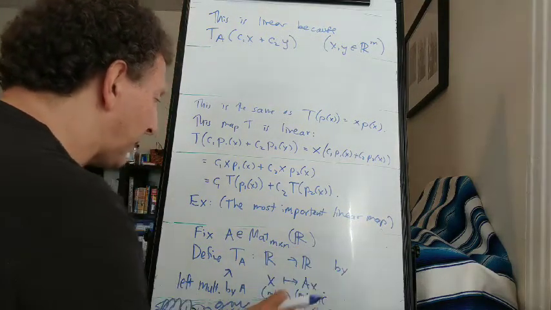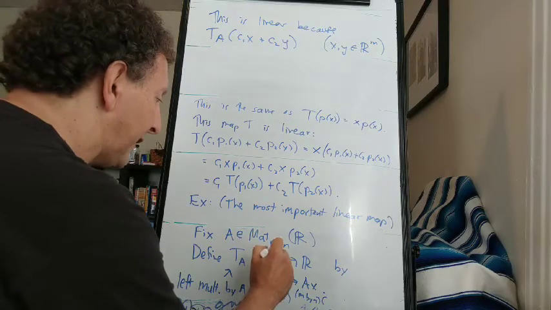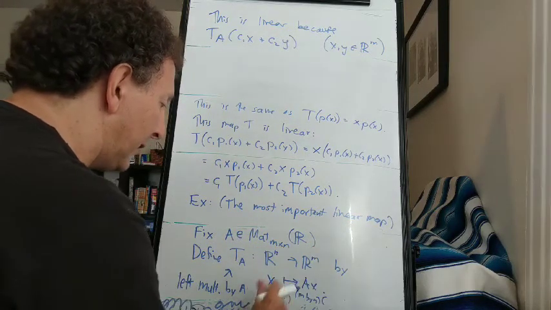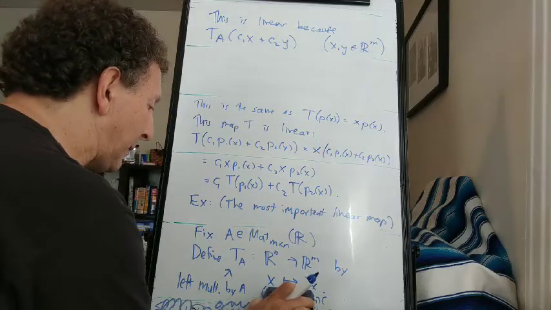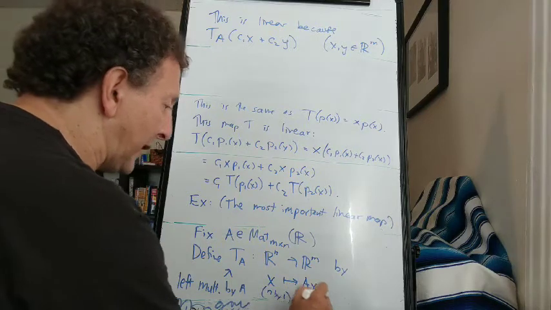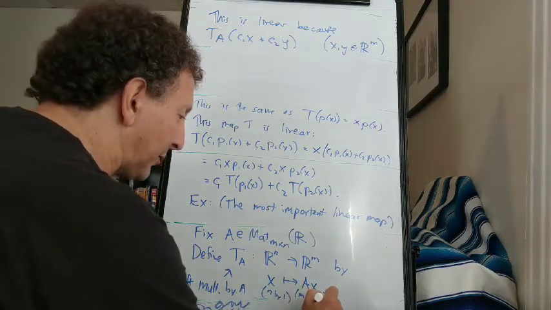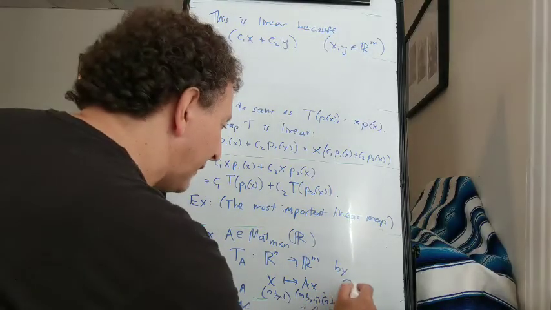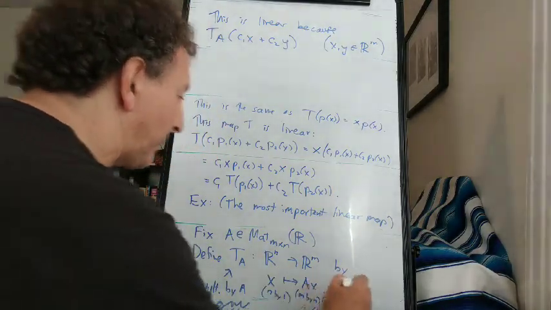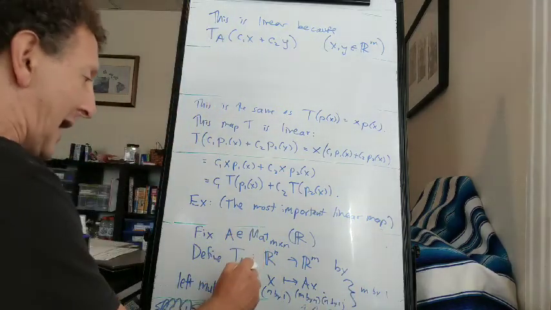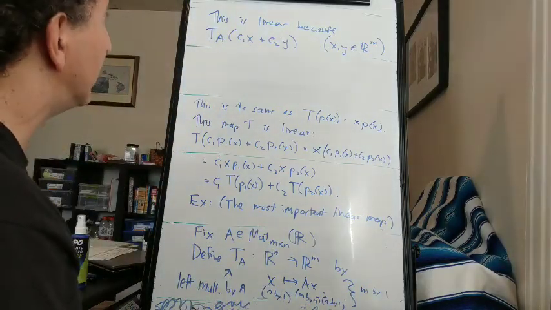If we multiply by an m by n matrix, then we're taking a vector in Rn, and we end up with a vector in Rm. So if x is n by 1, and A is an m by n matrix, and we multiply that m by n matrix by an n by 1 vector, then the answer is going to be m by 1. So this is a map from Rn to Rm.